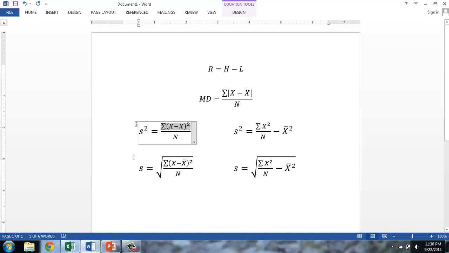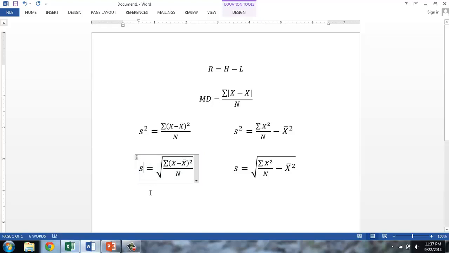Because of this, we often take an additional step, which is to take the square root of the variance, which turns our units back into their original form, and this is referred to as the standard deviation. The standard deviation is the most common measure of variability presented in most academic papers.